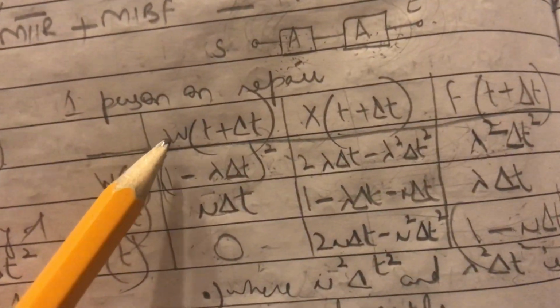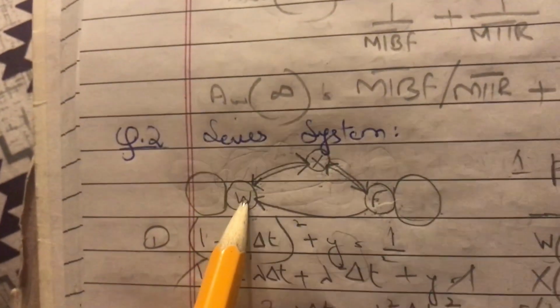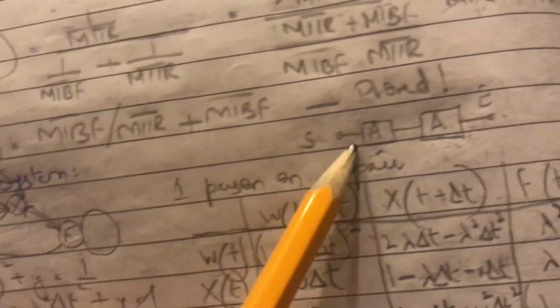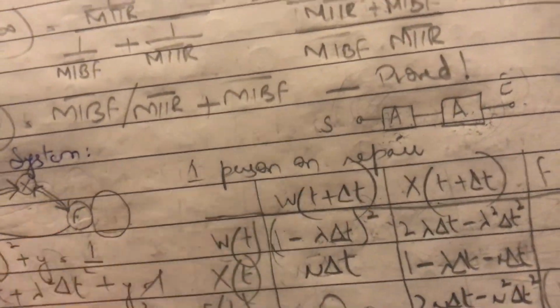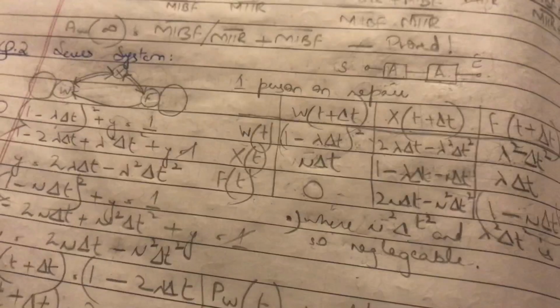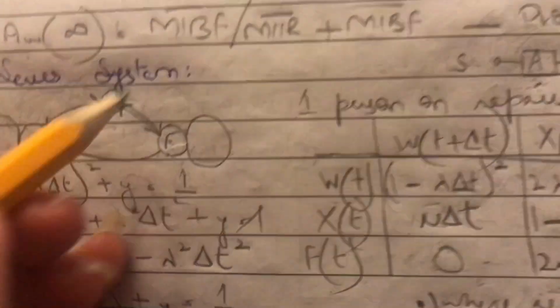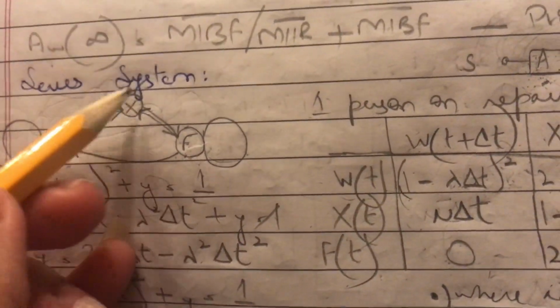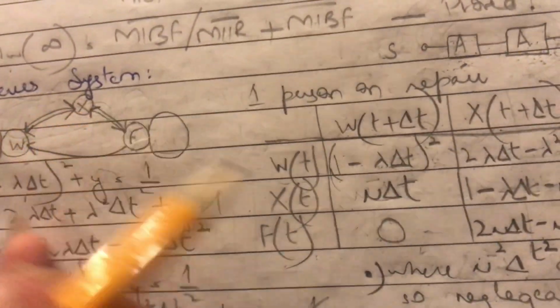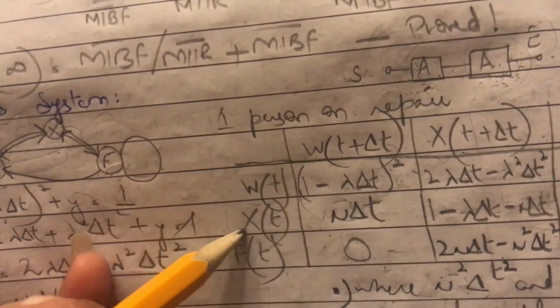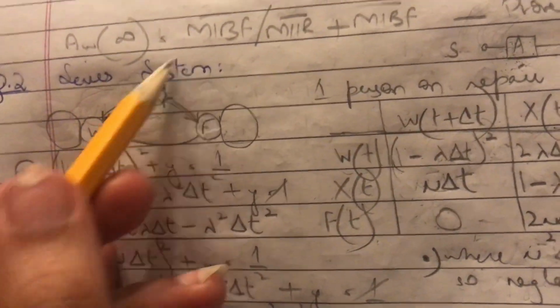When we are in the working state, it means that one component goes failed. So this component goes failed, and when it goes failed, we need to get it repaired. So that's why from working to repair condition, one component repair condition.